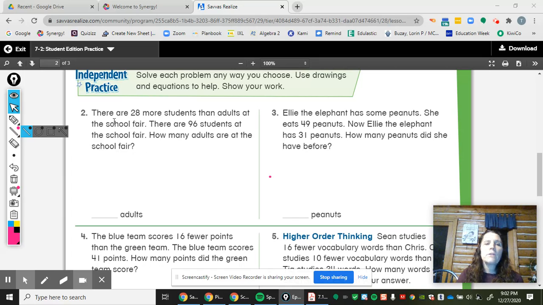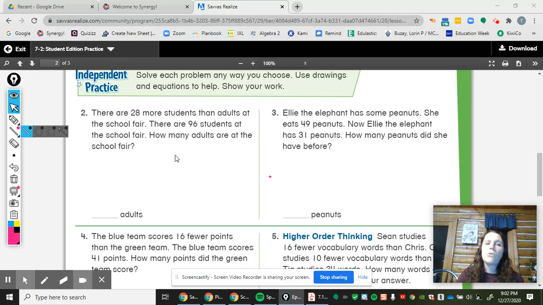Okay, so it says there are 28 more students than adults. So if there's 28 more students, which one's going to have more, the students or the adults? Well, if it says 28 more students, it looks like there's going to be more students than adults. Okay, there are 96 students at the school fair.